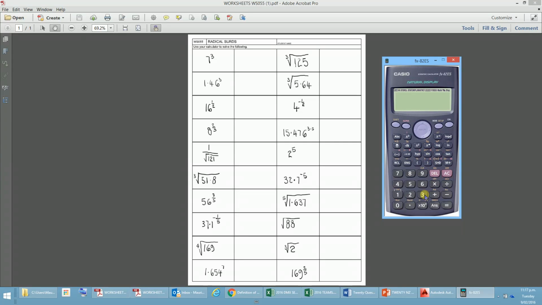Let's go 32.7, x to the power of -5 equals 614 times 10 to the power of -8. I don't know if we can do it as a decimal here. No. But, yep, all good.